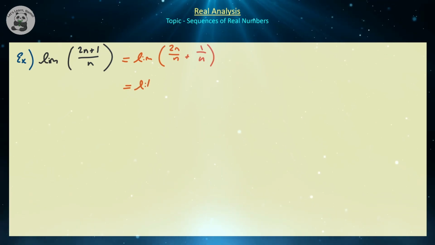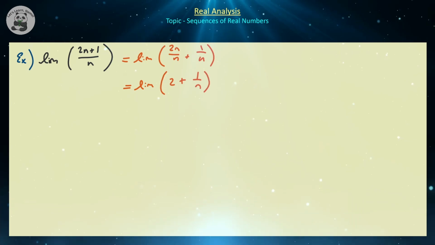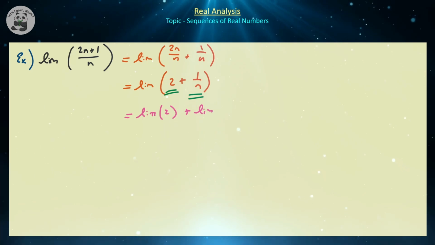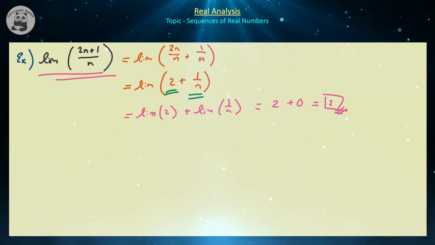Well, this is just the limit of 2 plus 1 over n. We've already shown that 1 over n is a convergent sequence, and the constant sequence converges to itself. So since these are convergent sequences, this is going to be equal to the limit of 2 plus the limit of 1 over n, and we know that the limit of 2 is 2 and the limit of 1 over n is 0, therefore this just comes out to 2. That means 2 is the limit of that original sequence.